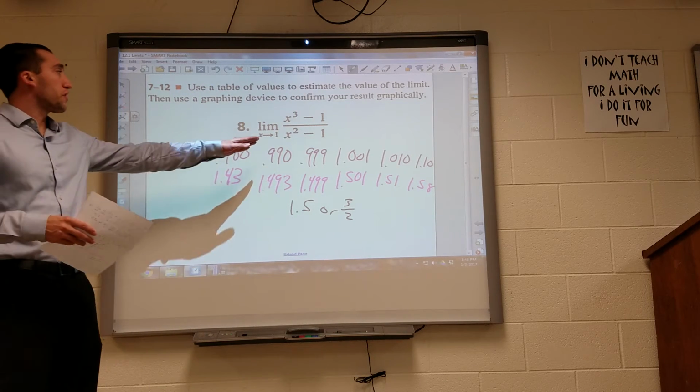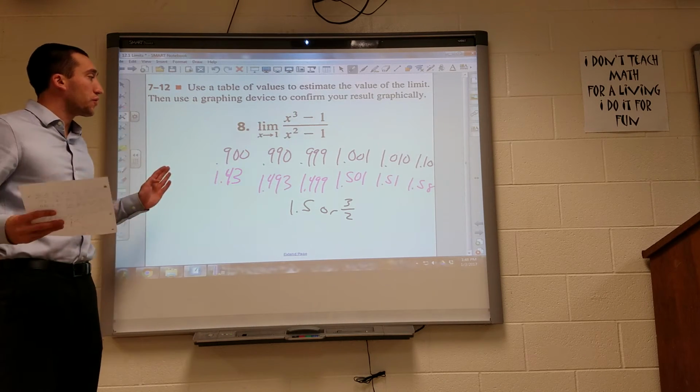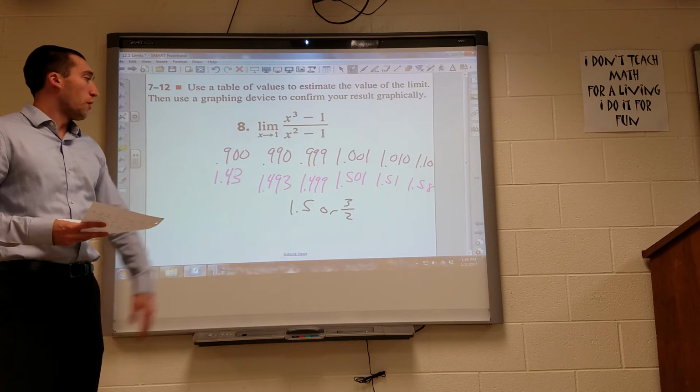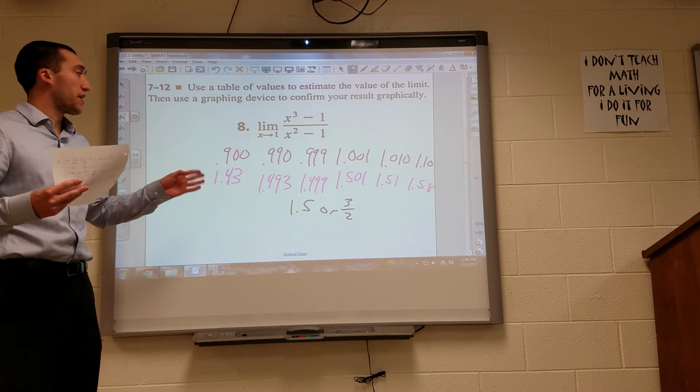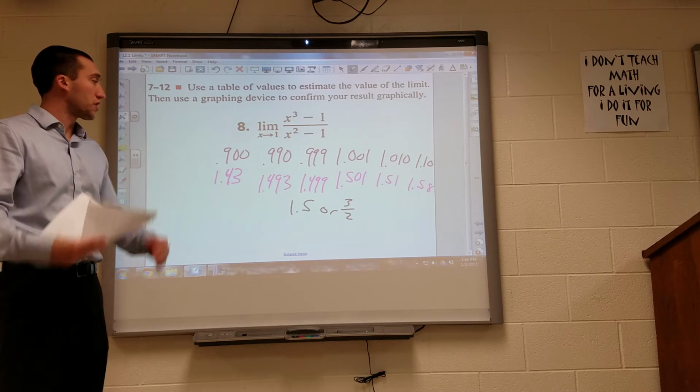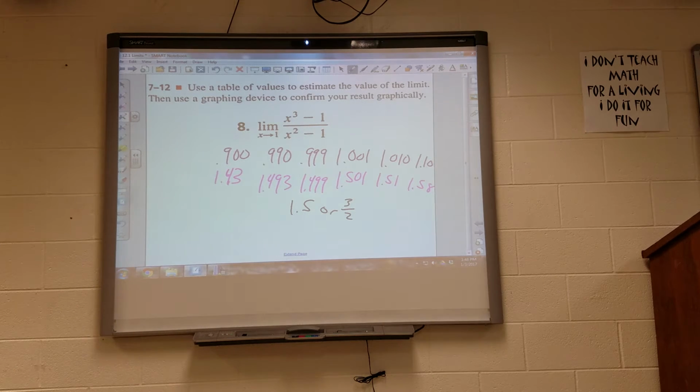Okay, so I'm going to show you this graphically real quick to show you what I mean by the y value, the limit, approaching 1.5. So I'll go ahead and throw this in real quick.